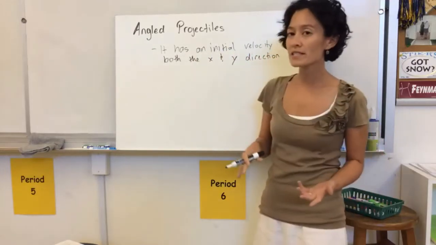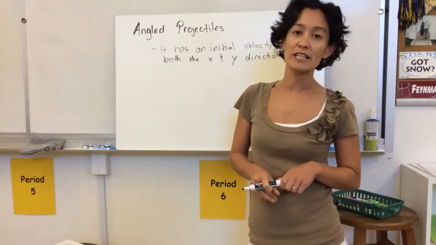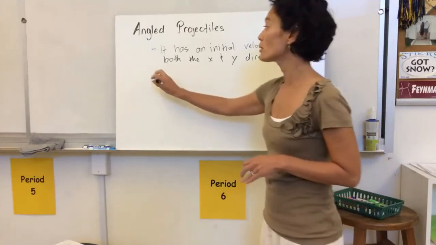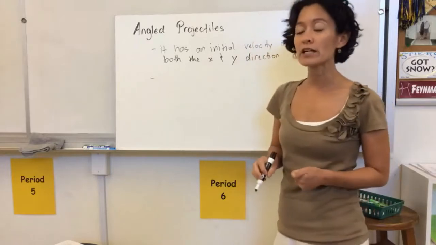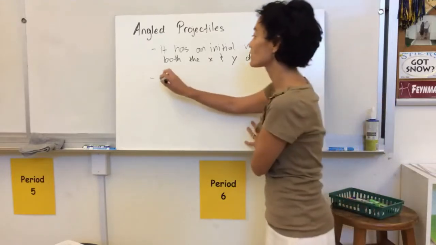So in the previous section with horizontal projectiles, we only had initial x velocity, and now we have an initial x and y velocity. So the first thing you have to do with an angle projectile is break up that initial velocity into an x and a y component.